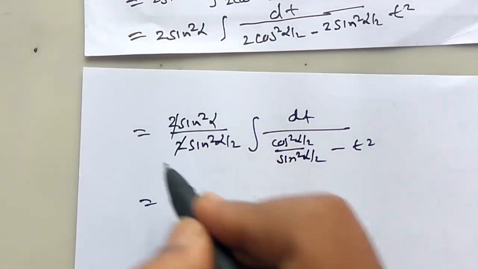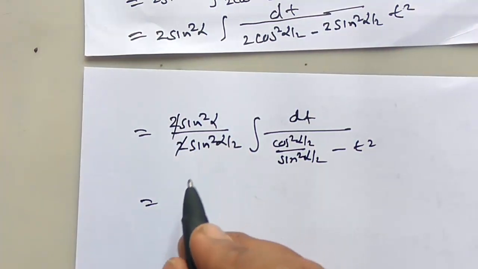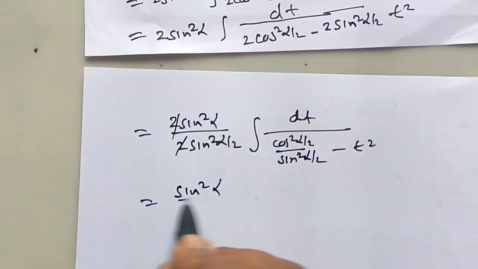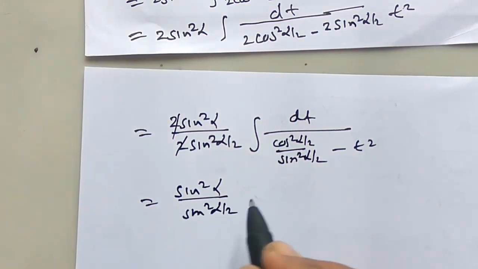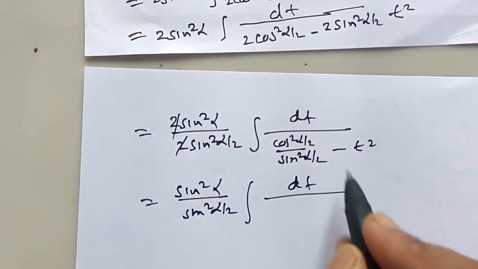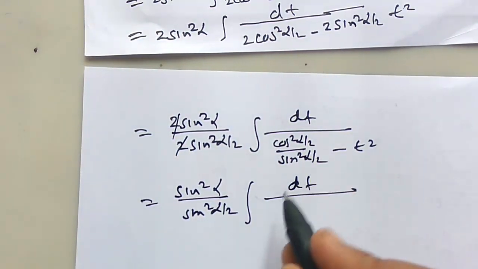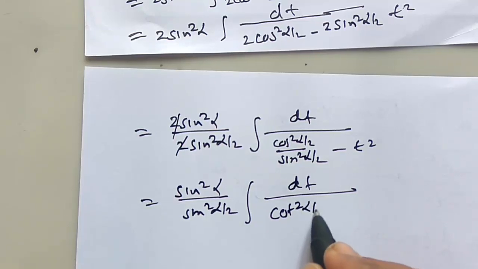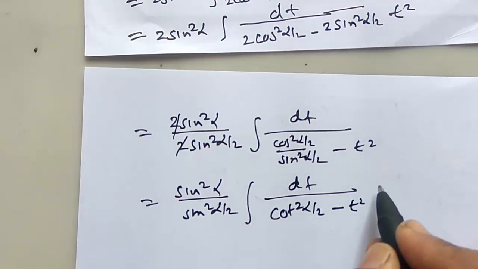So the 2 gets cancelled, sin square alpha upon sin square alpha by 2, bracket integration dt upon cos square upon sin square, which is cot square alpha by 2 minus t square.